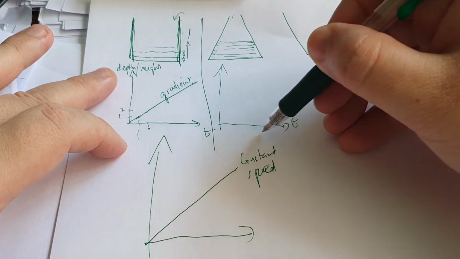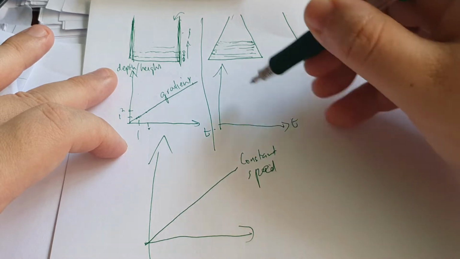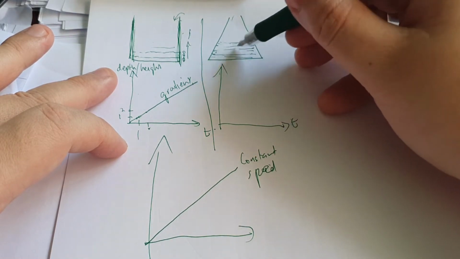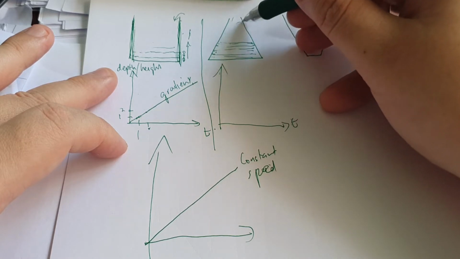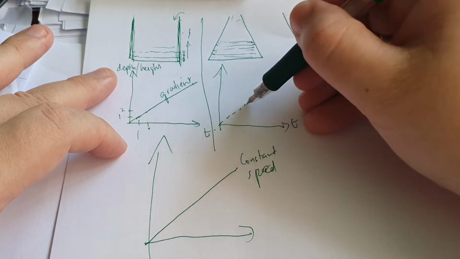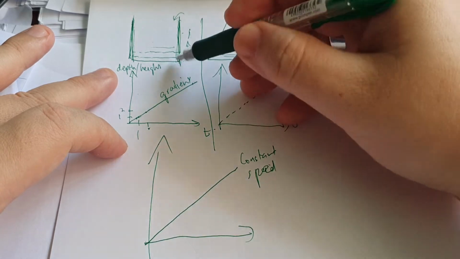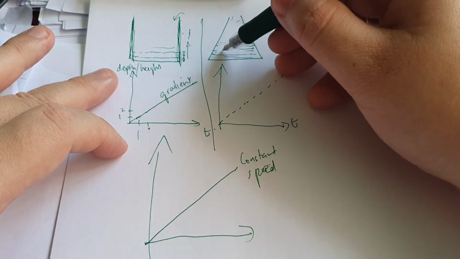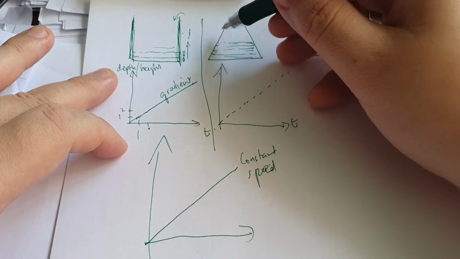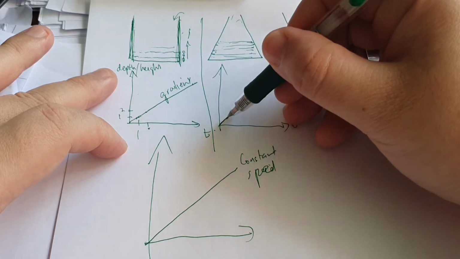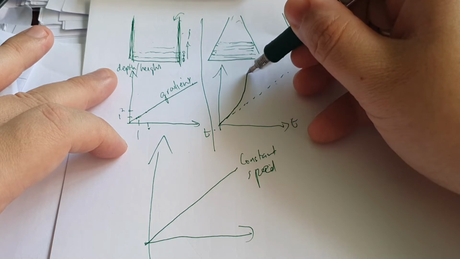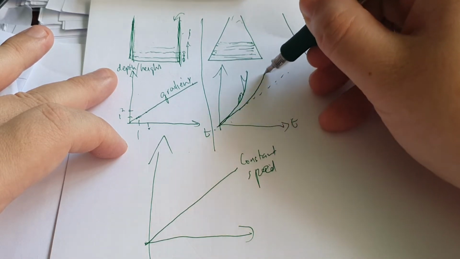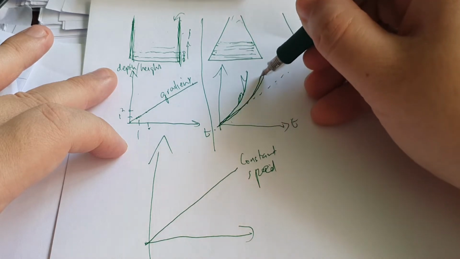As time increases, what happens? The space that you need to fill up will become smaller and smaller. That means it is not constant speed, and the rise in water will not be constant. This one is going to get faster and faster and faster.